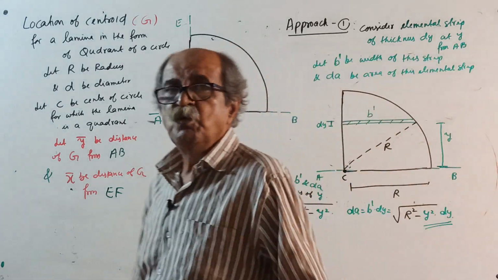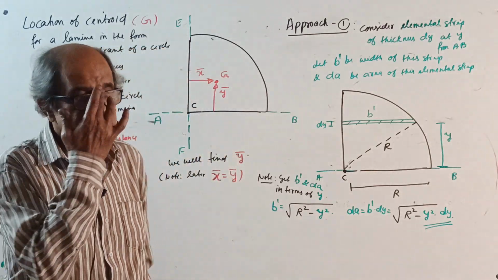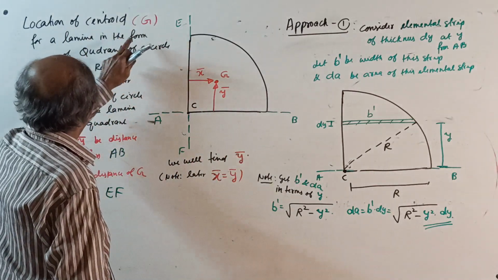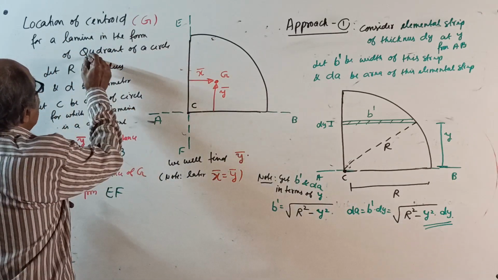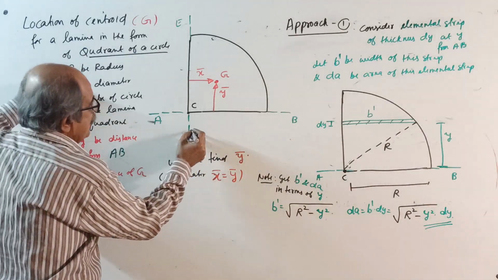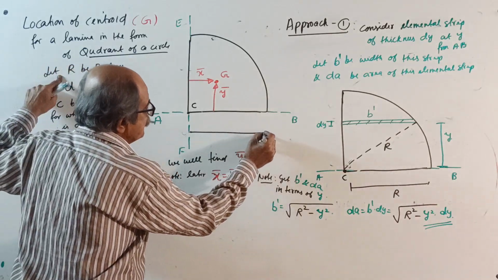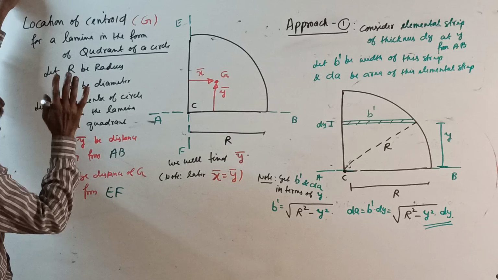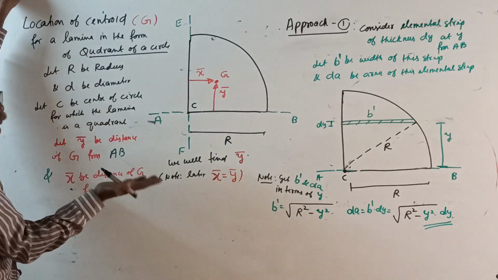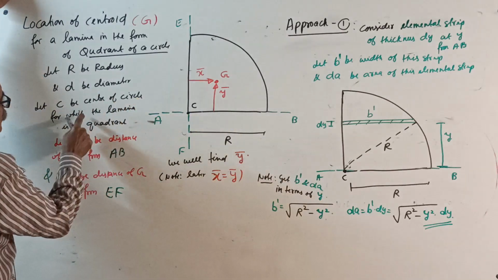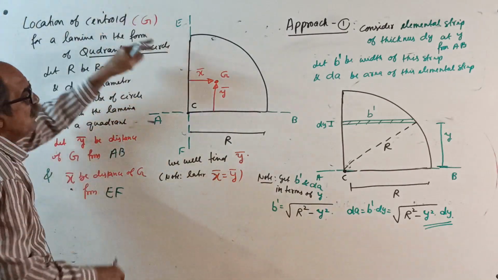Location of centroid G for a lamina in the form of quadrant of a circle. Let R be the radius, D be the diameter, and let C be the center for which the lamina is a quadrant.